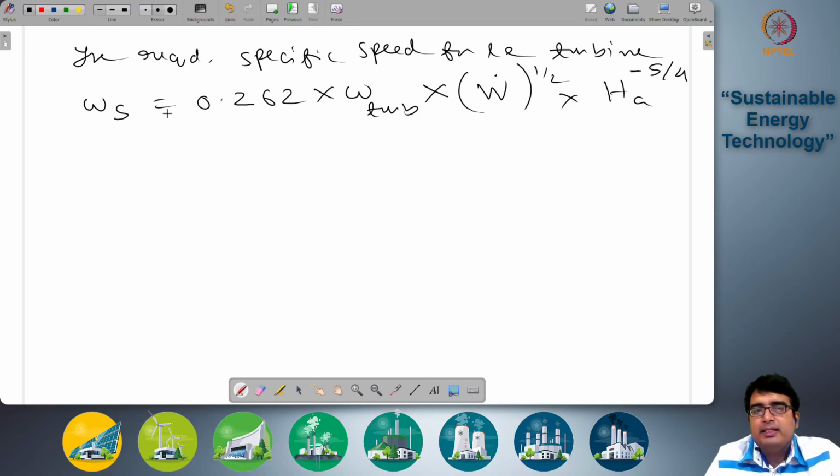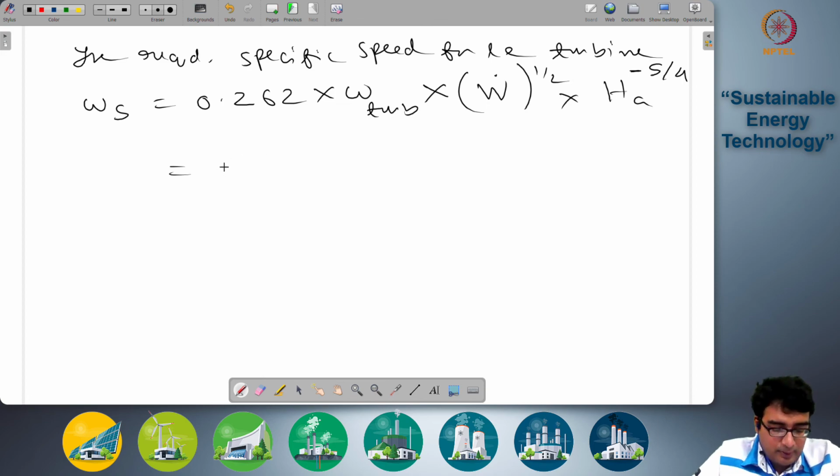Okay, this is the expression for the specific speed that was used for selecting of the turbine. The RPM of the turbine shaft, the W dot to the power half, the power generated by this turbine, and the available head H A to the power minus 5 by 4.